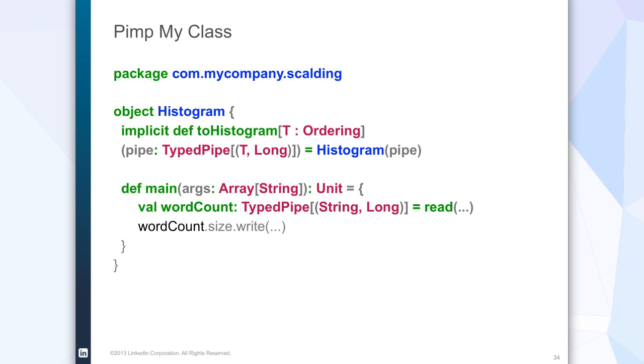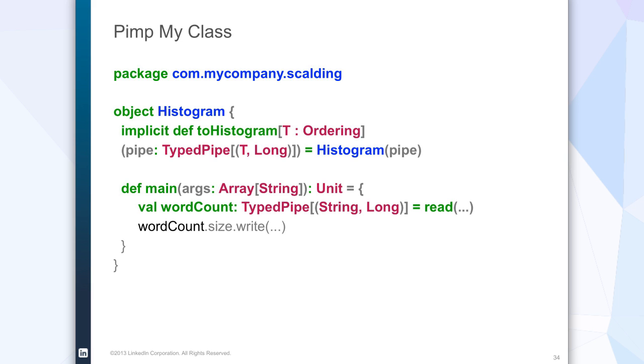Another one of the nice things it has to offer is that we don't need the boilerplate of the new keyword. We can just return the histogram of pipe, and it understands that I need to call the constructor of histogram with my pipe. So what is this kind of implicit definition good for?